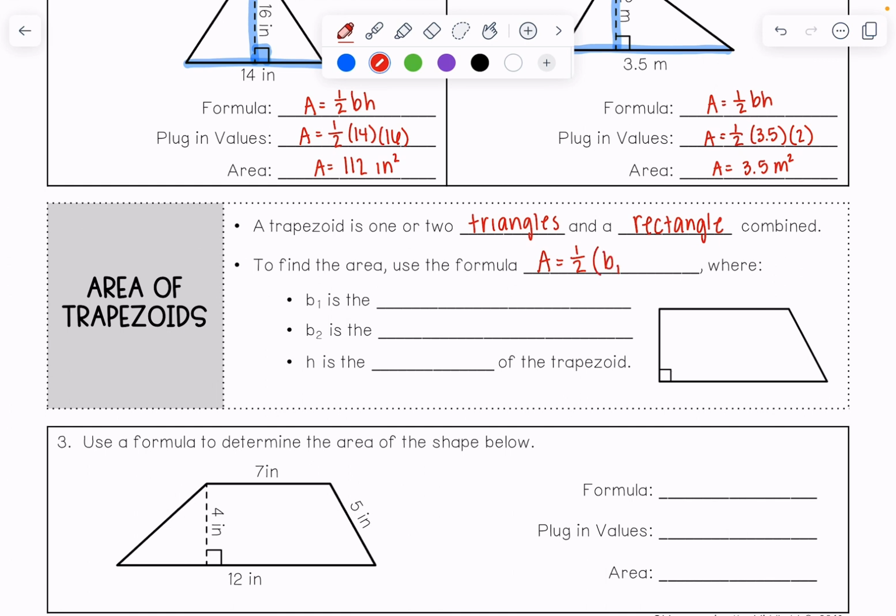We have to add base 1 and base 2 together, and then we multiply by the height. So we still have base times height here, but this time we have 2 bases, so we have to make sure we add those together first. Base 1 is the first base, and base 2, so B2, is the second base.